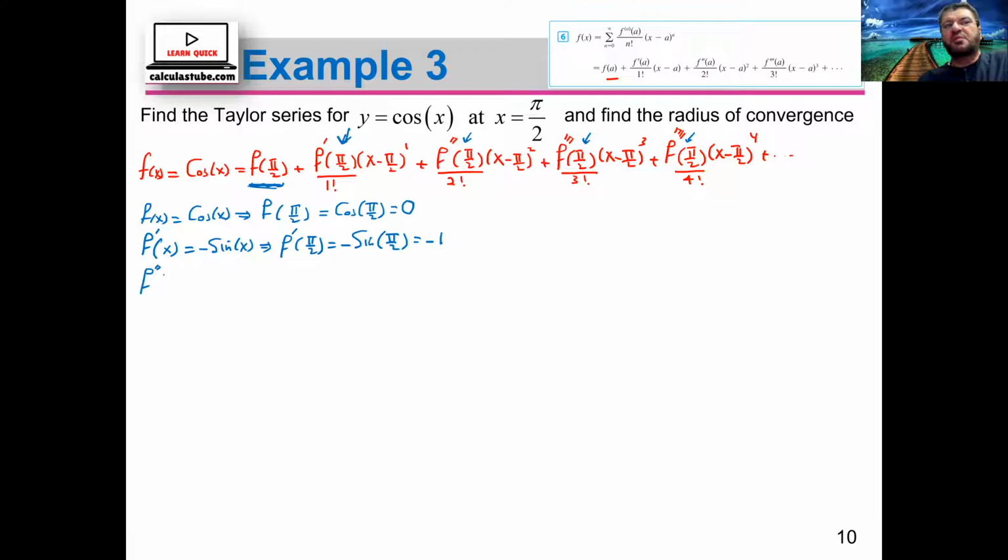F double prime of x. The derivative of sine is cosine. So this is minus cosine x. So f double prime at pi over 2 will lead to minus cosine pi over 2. Again, cosine 90 is a 0.